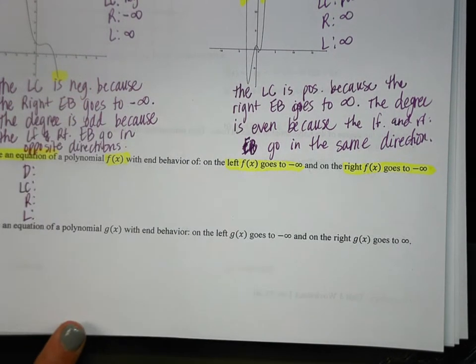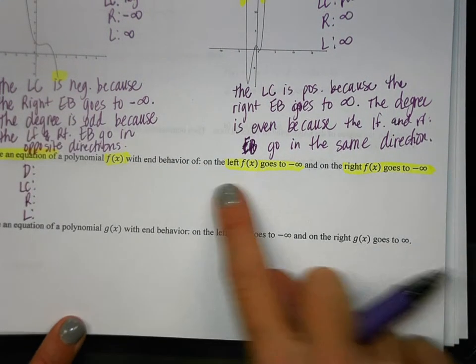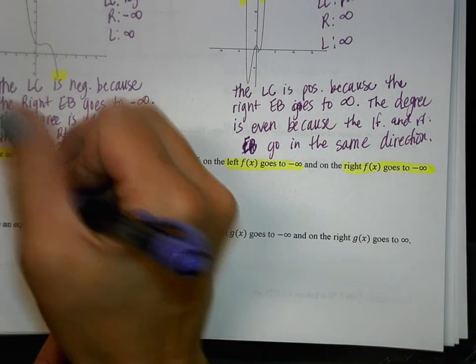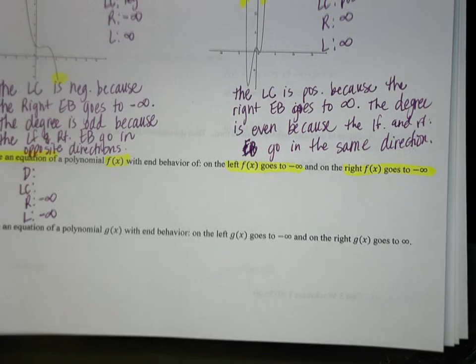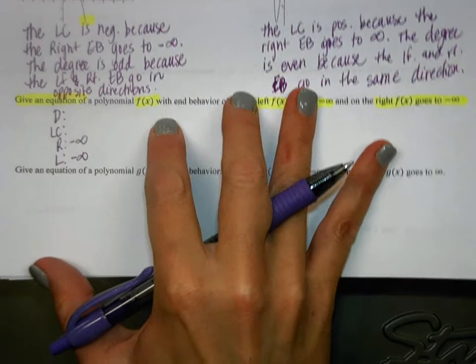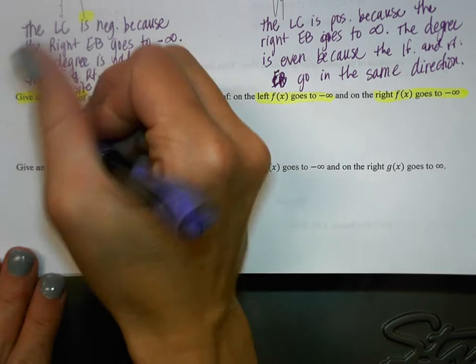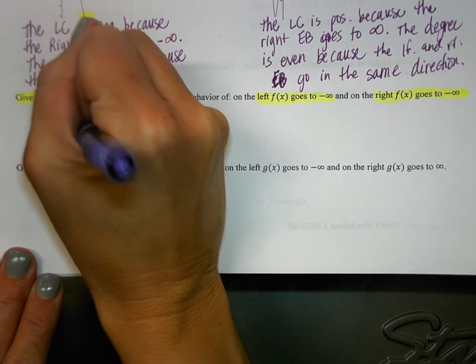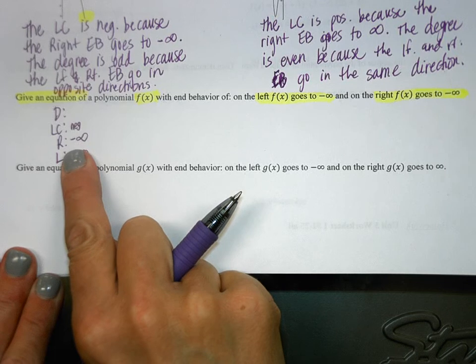On the left it's negative infinity, on the right it's negative infinity. So what is my lead coefficient going to be, positive or negative? Negative. And how come it's negative? Because the right end behavior is negative.